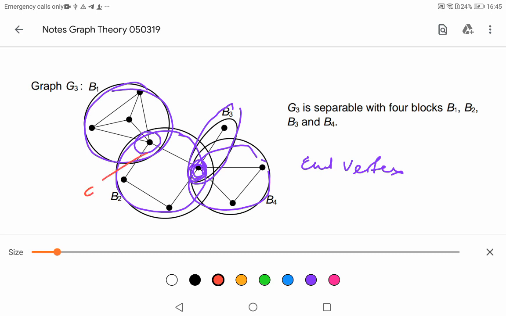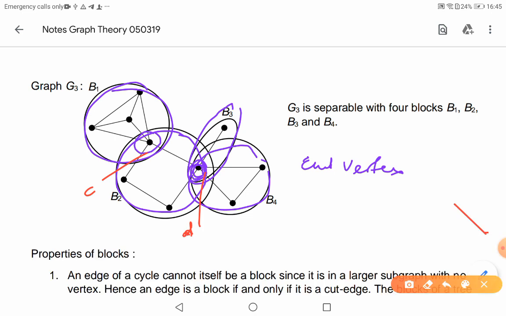Let's say this is C and this is D. What is the cut vertex of this graph?